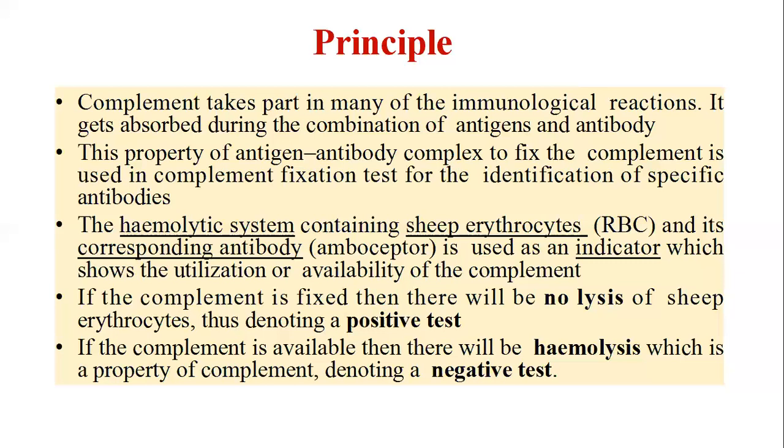In the hemolytic system, sheep erythrocytes, or RBC, and their corresponding antibody, termed the amboceptor, are used as an indicator which shows the utilization or availability of the complement. If the complement is fixed, then there will be no lysis of the sheep erythrocytes, and the test is called positive.